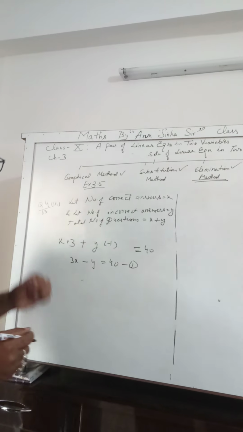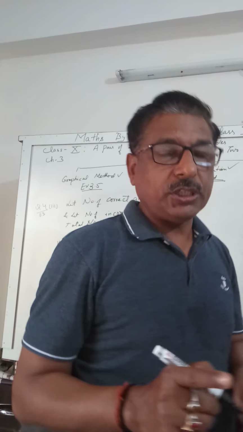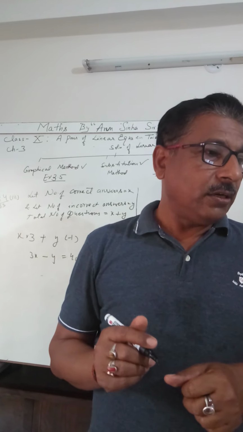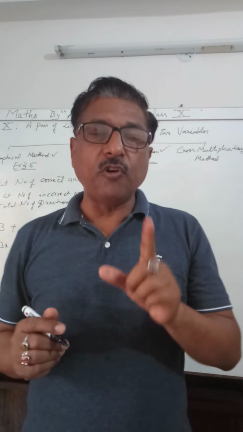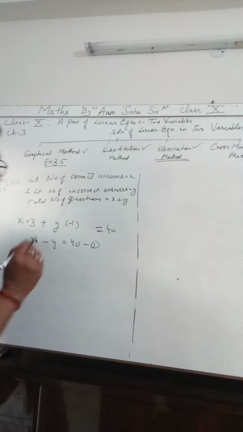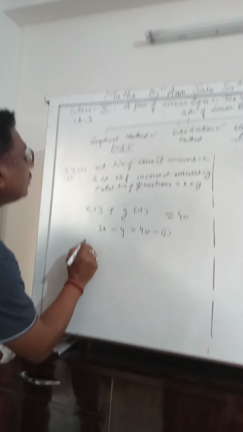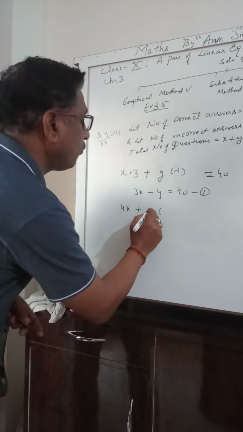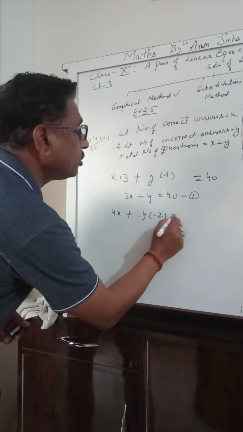And see the second, same number of questions, same number of correct answers, same number of wrong answers. Now this time he has been awarded 4 marks for each correct answer. The second equation: 4x, and he is losing 2 marks for each wrong answer, so minus 2y.